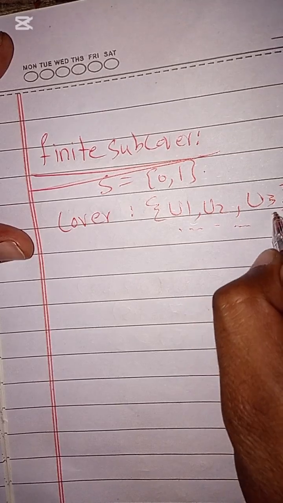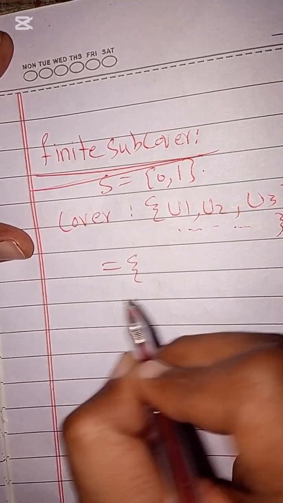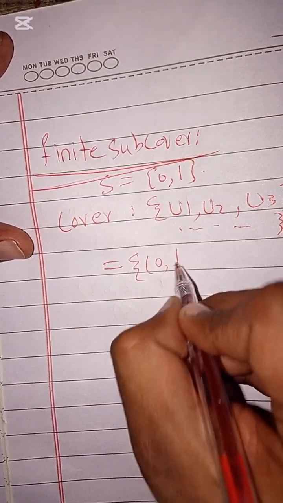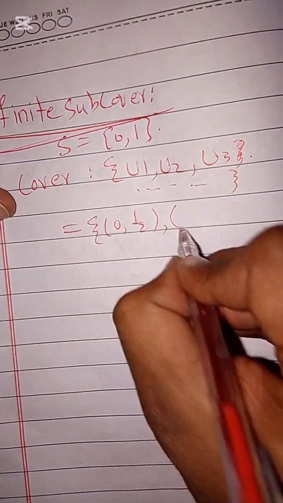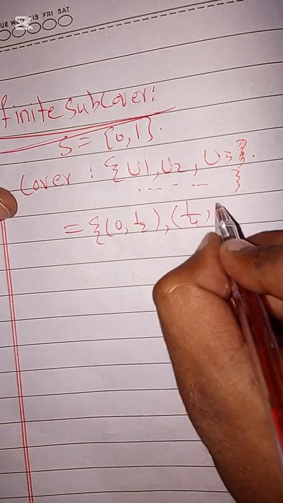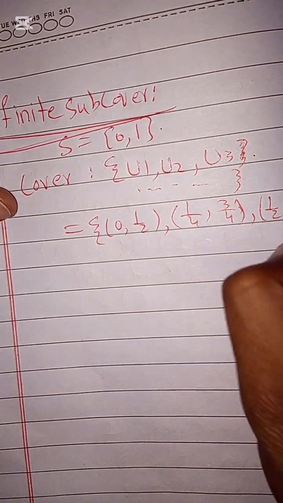If we make it dotted, then it will be like that. If we put their values, we get 0 comma 1 by 2, 1 by 4 comma 3 by 4, 1 by 2 comma 1.